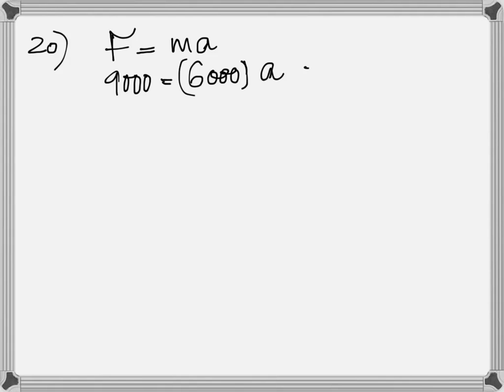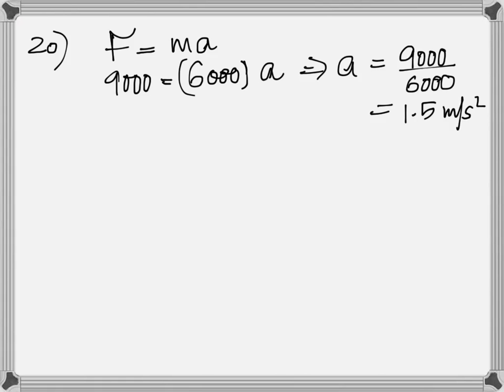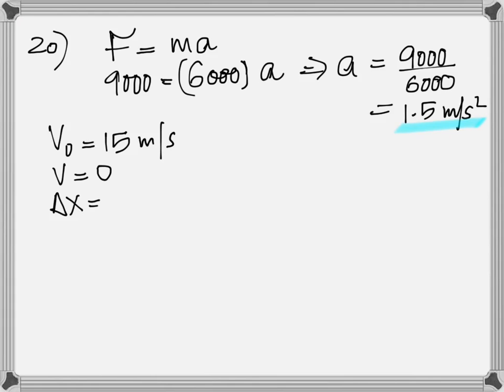Okay. A is 1.5 meters per second squared, and these are the quantities given. Initial velocity is 15, final is 0. A is negative 1.5, and you have to find delta x.